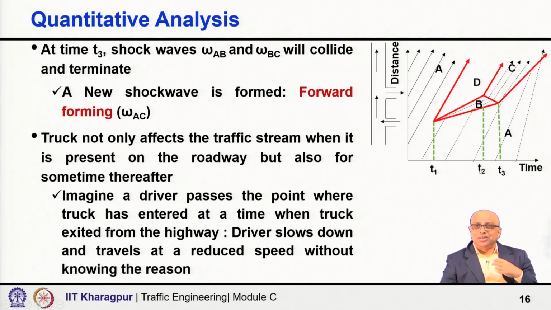But then a new shock wave will be created. What will be that shock wave? That shock wave will be created between traffic state A and traffic state C, and that will be a forward forming shock wave with a speed omega AC.